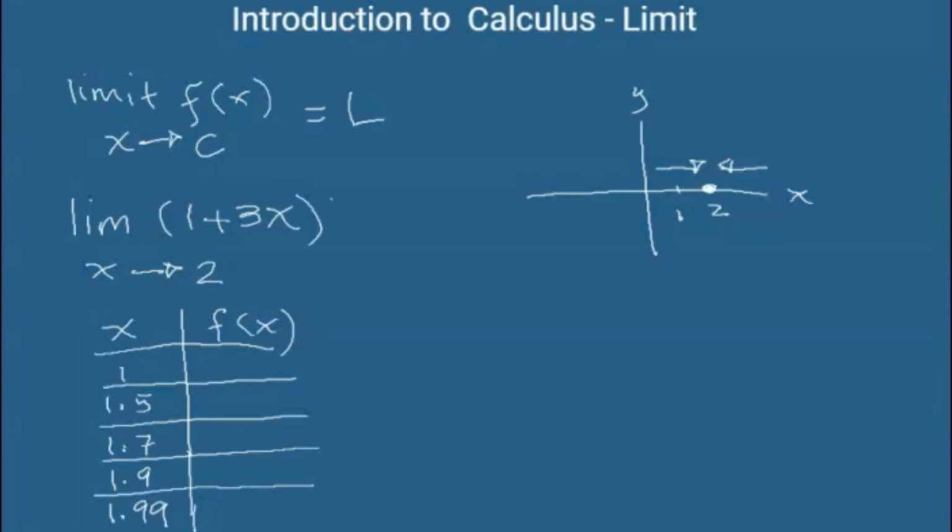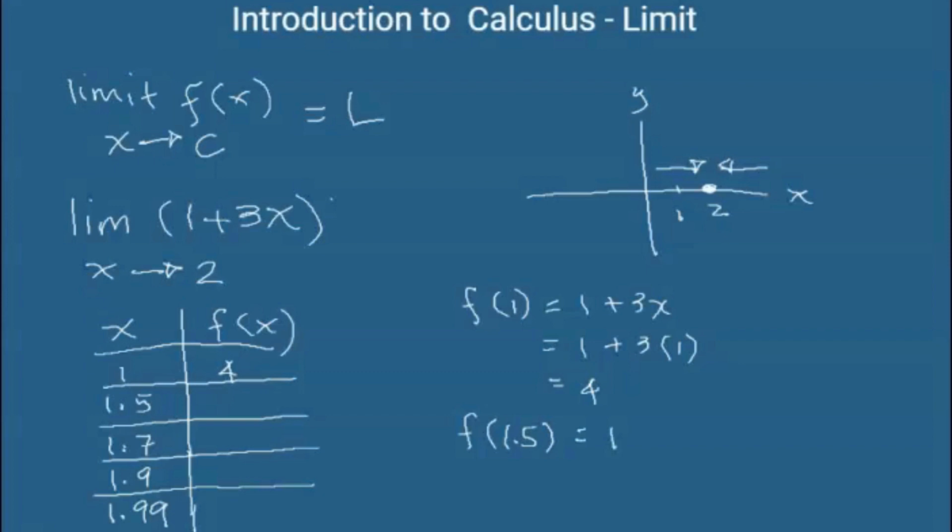So f of 1 is equal to 1 plus 3 times 1. So that's 4. And we continue substituting that with the rest of our x.